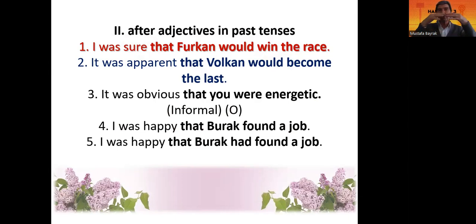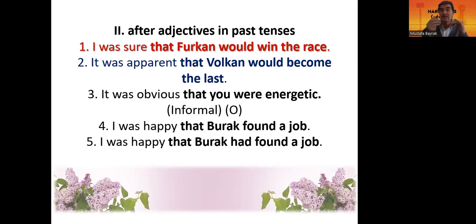I was sure that Furkan would win the race. It was apparent that Volkan would become the last. It was obvious that you were energetic last month.